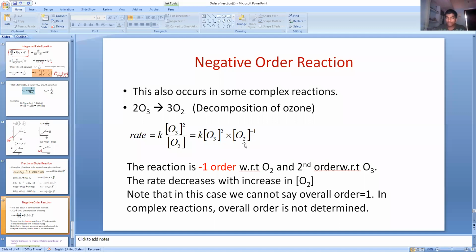That means the order of the reaction is -1 with respect to oxygen and 2 with respect to ozone. We cannot add up. We cannot say the overall order is 1. In a complex reaction, we have to describe the order with respect to each reactant or product. In a complex reaction, the product concentration can also appear in the rate law.